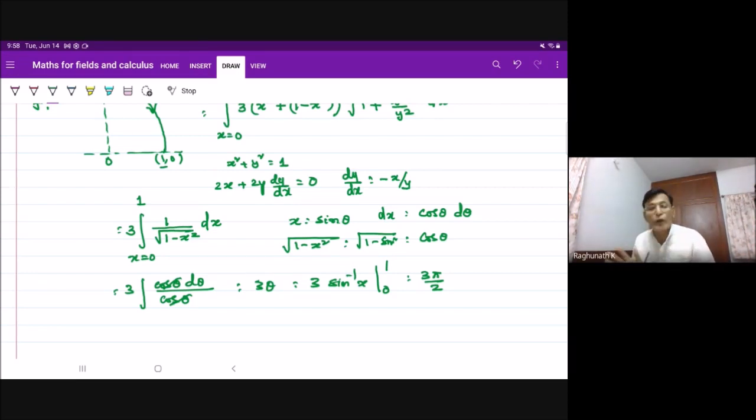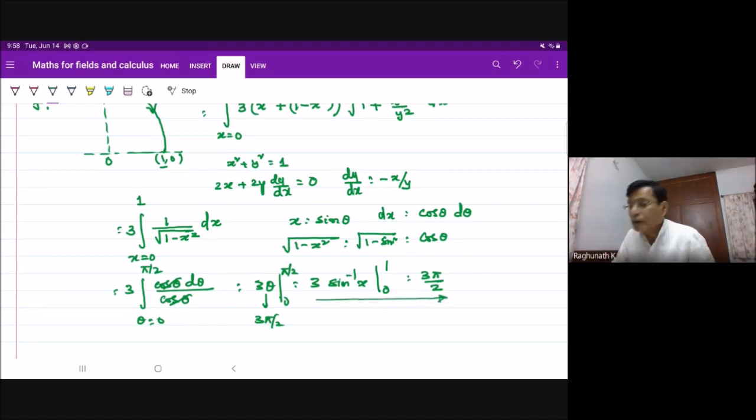The limits also will become 0 to pi by 2 only for us. Directly you can say x is equal to 0, sin theta, theta is equal to 0. X is equal to 1, sin theta, theta is equal to pi by 2. Substitution limits. 3 theta is 3 pi by 2. 0 to pi by 2 is also 3 pi by 2. Or if you want to go back to x limits only, I can always go like this and then again get the same 3 pi by 2.